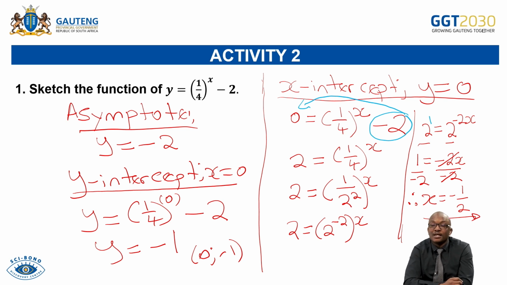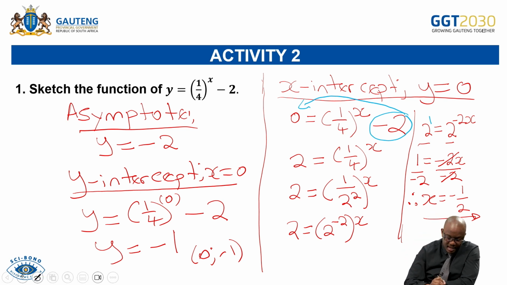So that's basically how you get your x-intercept. Correct? It's different from the previous one, because on the previous one we didn't have the same base, hence we had to introduce the logs.